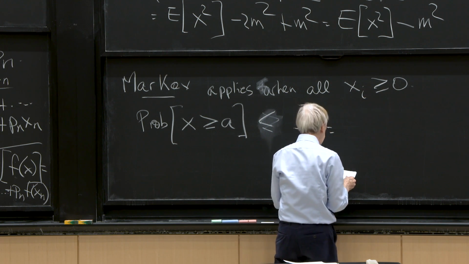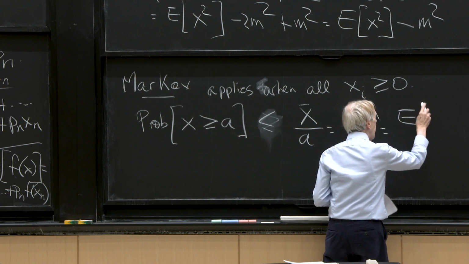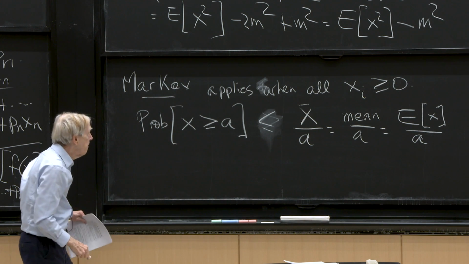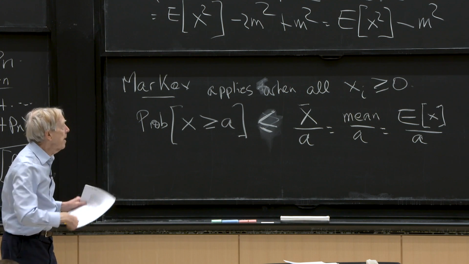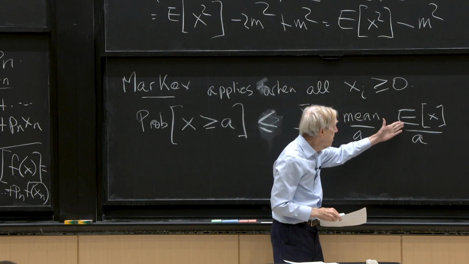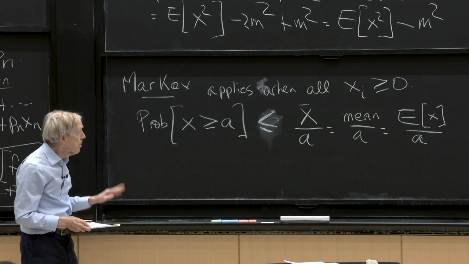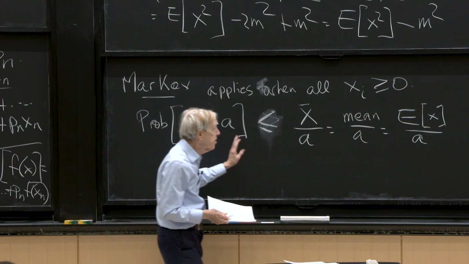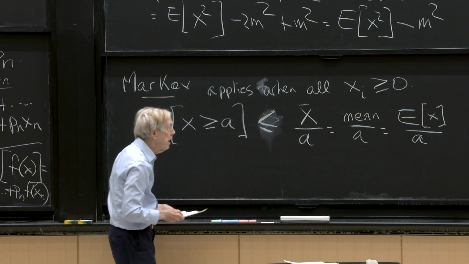And this is the mean over a, or it's the expected value of x over a. We could see any of those notations. And as we expect, as a increases, this number goes down, the probability of exceeding a goes down. So that's a pretty simple estimate of this probability just in terms of the number a, which has to come in because it's part of the question, and the mean of x.